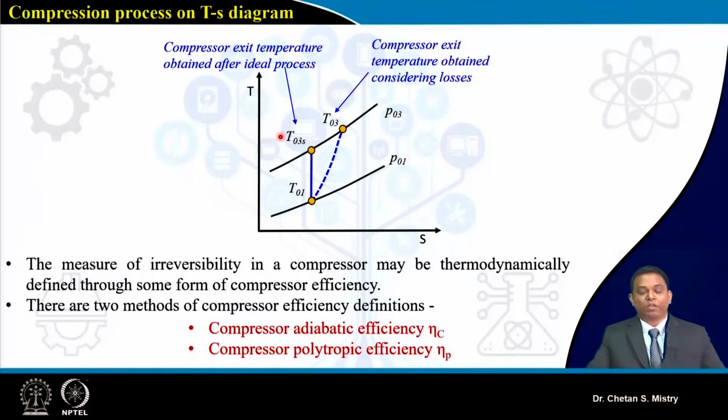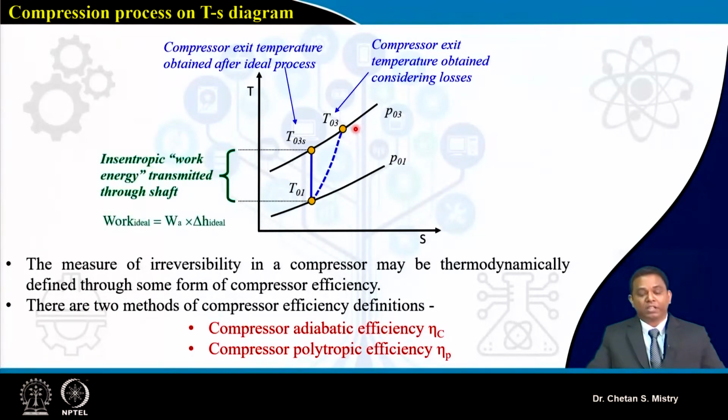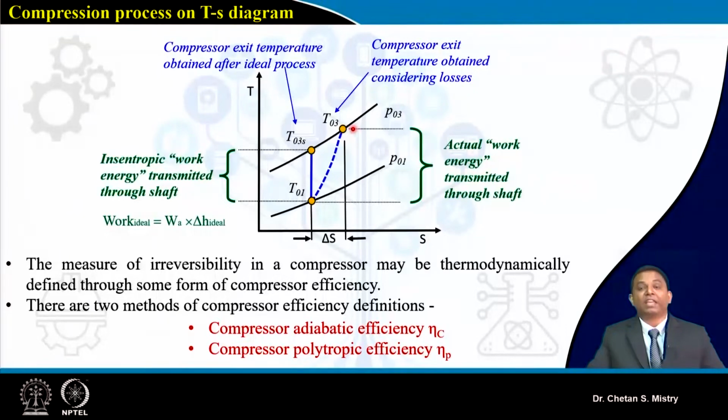This is the actual temperature that we get at the exit of my compressor. Now the question may arise: why are we getting this much temperature rise? This is represented in the sense of change of entropy. This rise is because of the losses incorporated with the process.